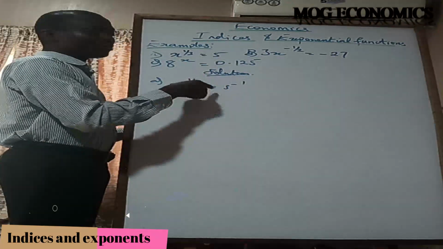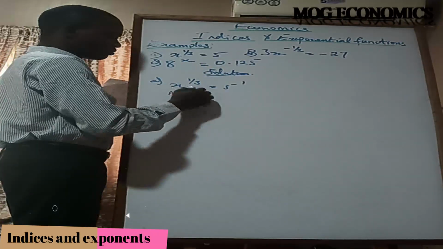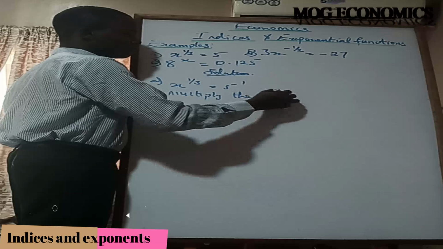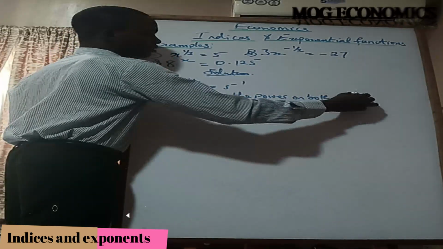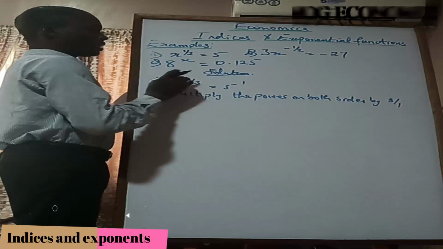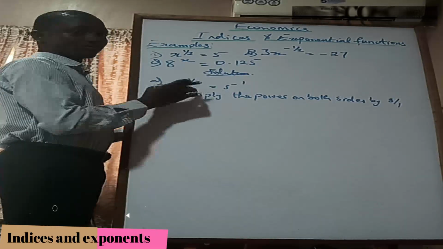So to cancel this power, we multiply the power on both sides by 3/1. So 3/1 happens to be the inverse of the index of x here.